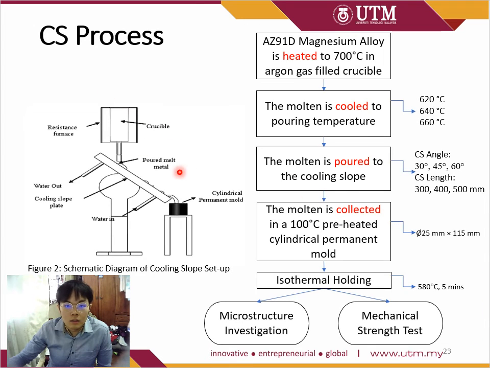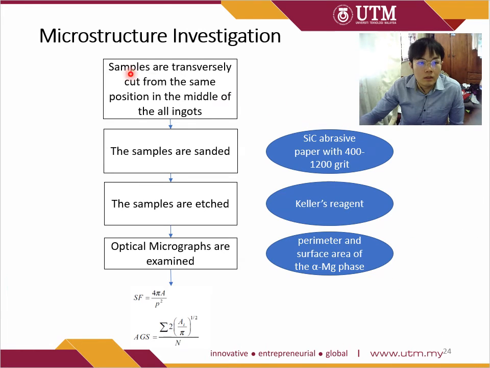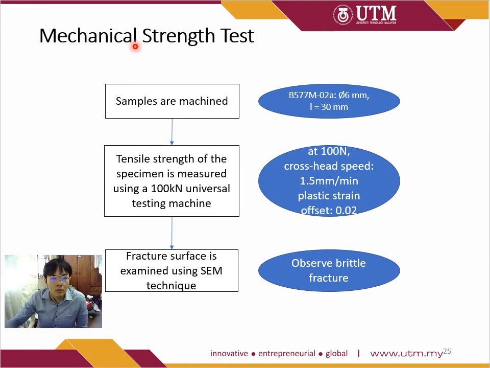And this is the process that I have designed using these parameters, undergoing microstructure investigation and mechanical tests. This is the microstructure investigation sample preparation. This is to perform the mechanical strength test.